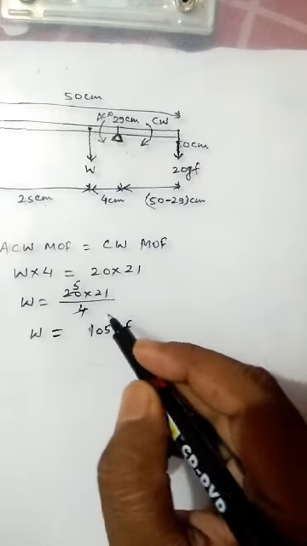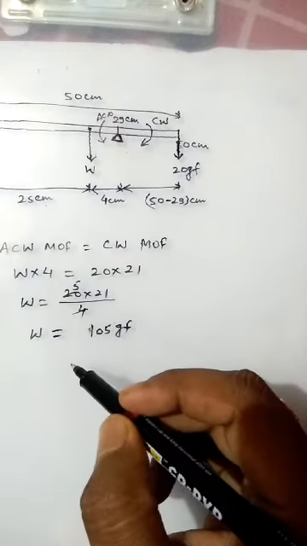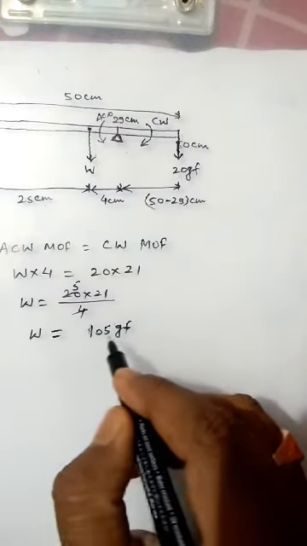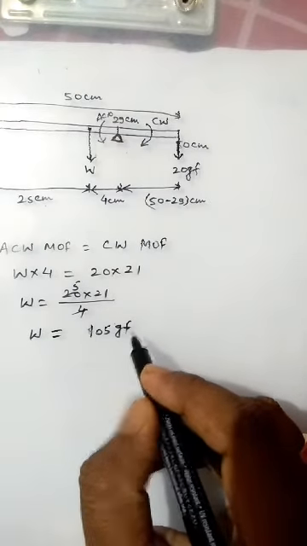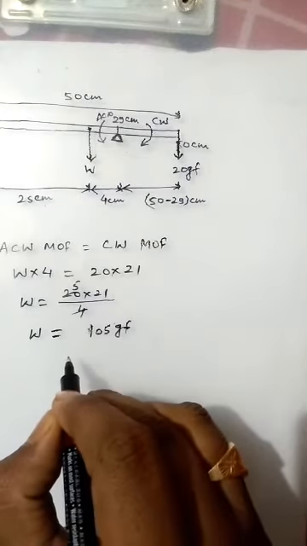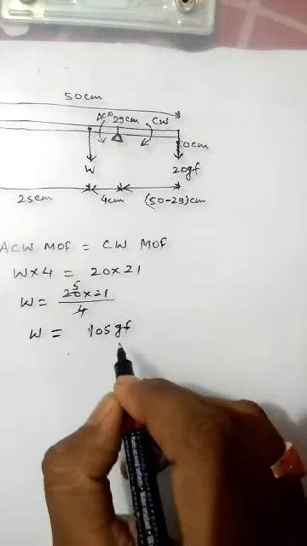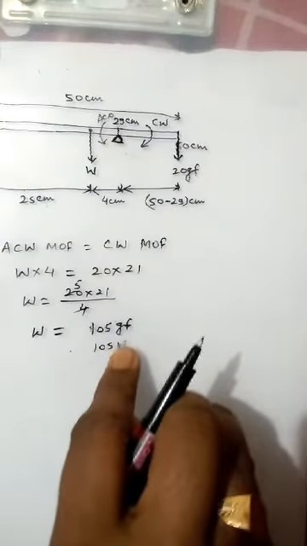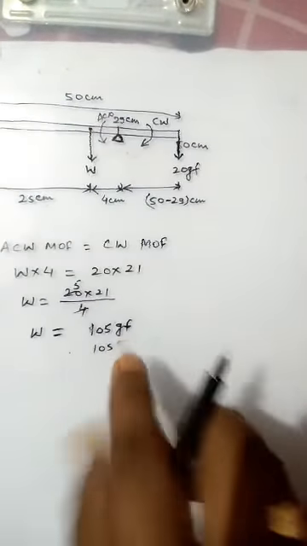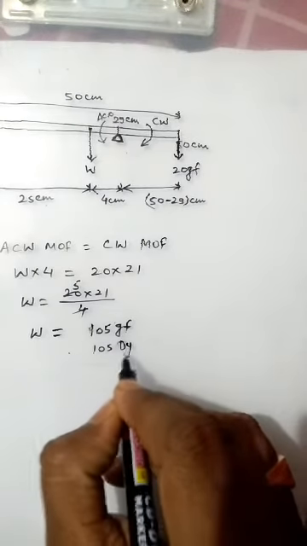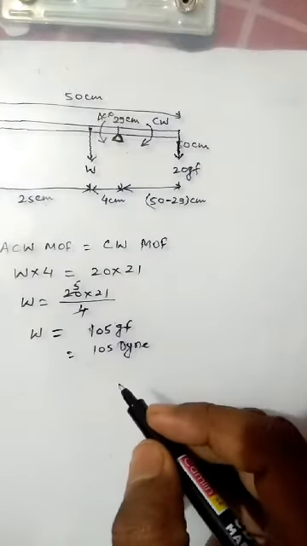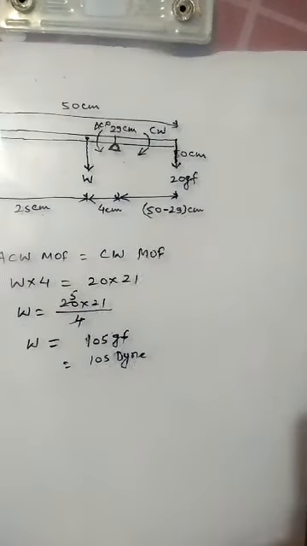Then weight of the meter rule will be equal to 105 GF, or 105 dyne. Dyne is the CGS unit of force.